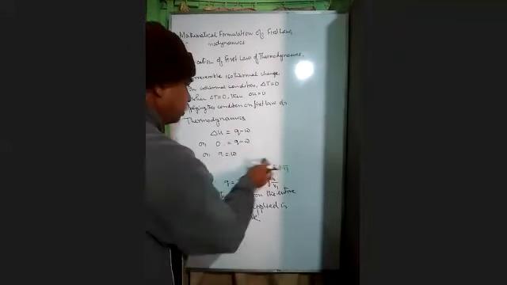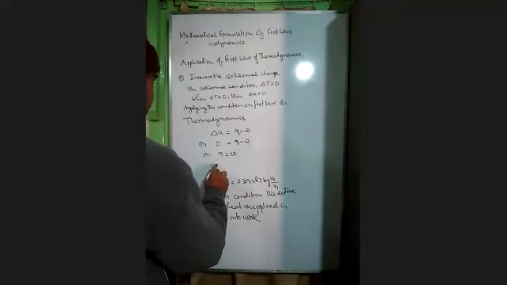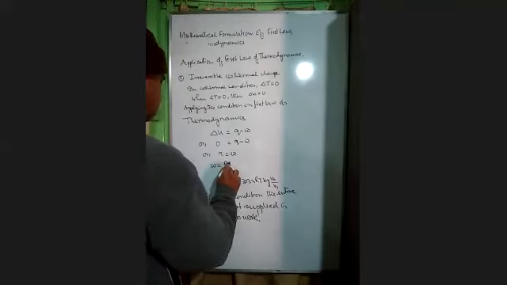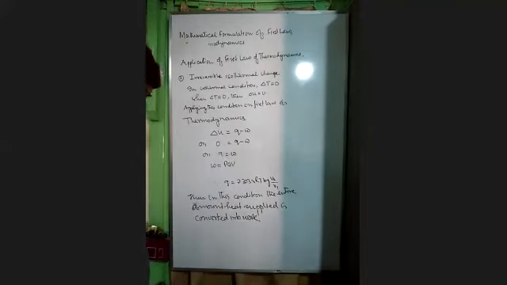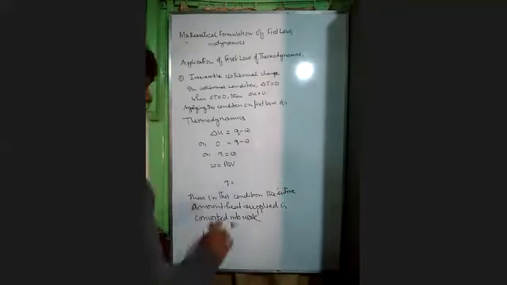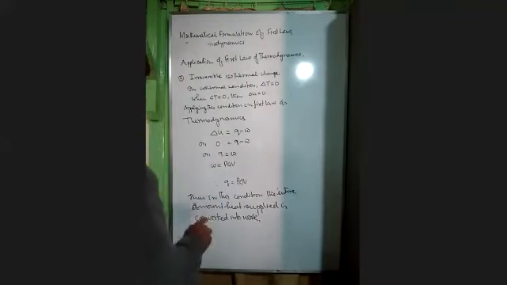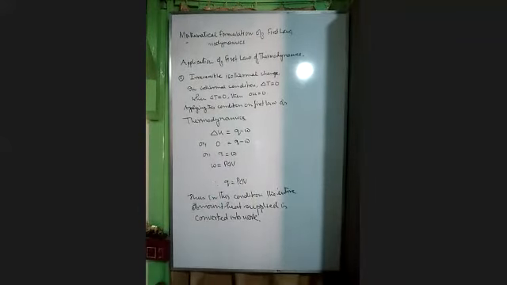So irreversible process is what? We know W is equal to P into delta V. So therefore Q is equal to P into delta V. Statement is same. You have to remember this for numericals.